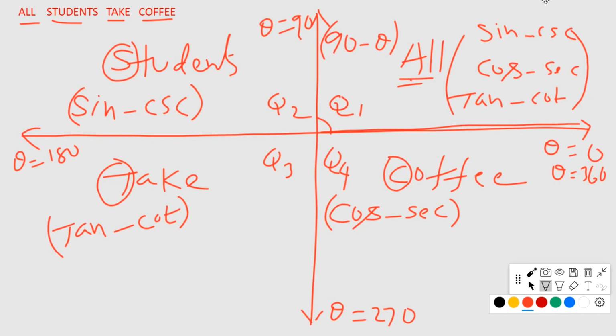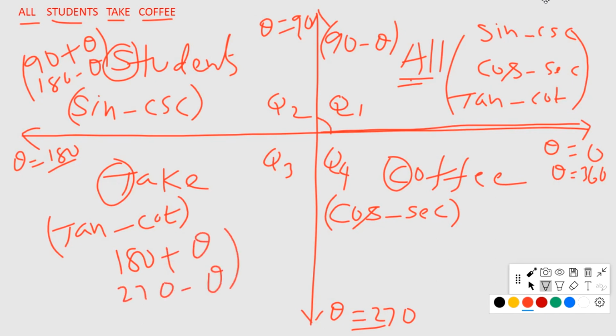That means 90 plus theta, 180 minus theta. Okay. In the third quadrant, the angle between 180 and 270. That means 180 plus theta, 270 minus theta. Right? In the fourth quadrant, the angle between 270 and 360. That means 270 plus theta and 360 degrees minus theta.